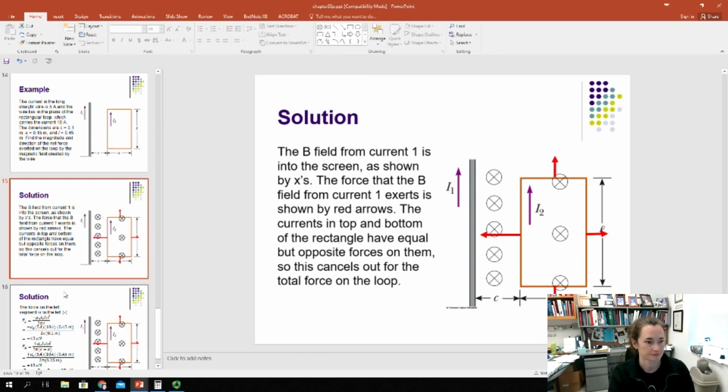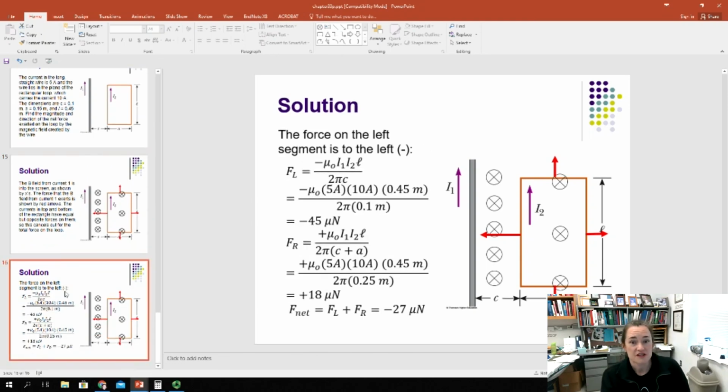Let's get to it. The force on the left segment is to the left. I'll call that the negative direction. So FL here, using my equation, I have mu naught times I1 times I2 times the length L, and then divided by 2 pi times the distance in between I1 and I2, which is C in this problem.